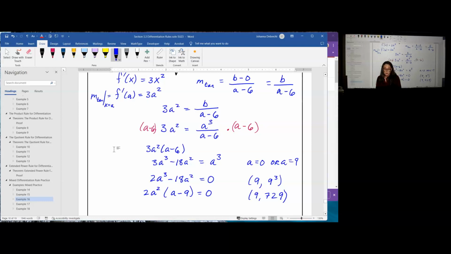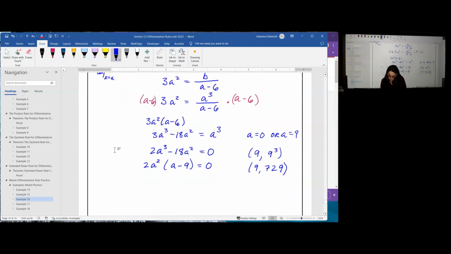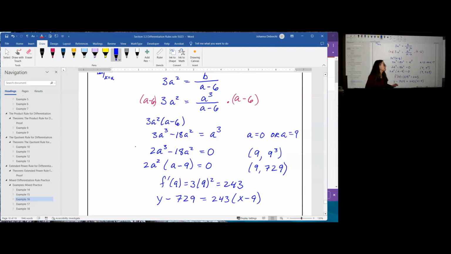And that will give me 3 times 9 squared, which is 243. The equation of my tangent line is y minus 729 equals the slope 243 times x minus 9. Notice this is a super steep line. We will think it's vertical because it will look vertical.